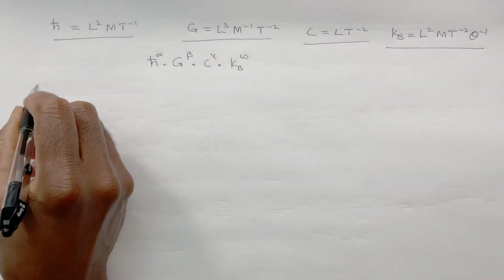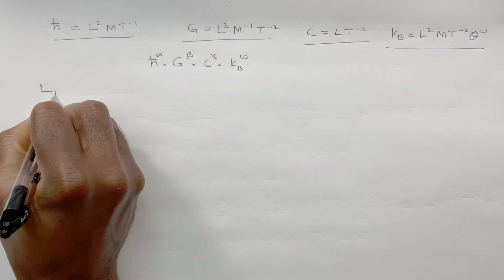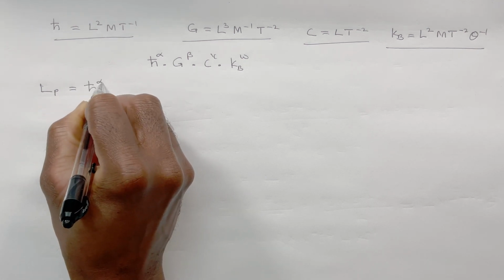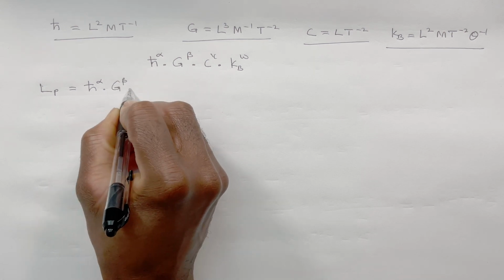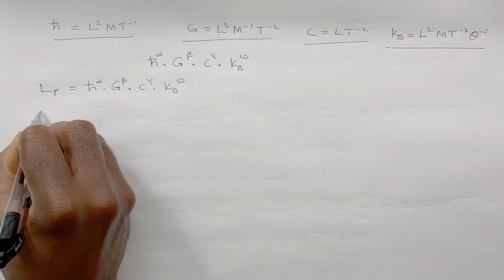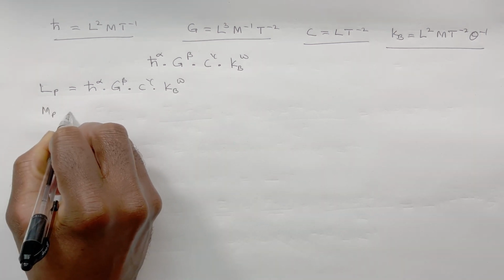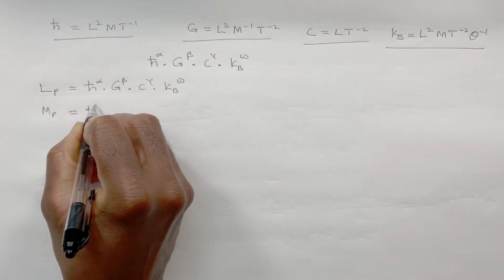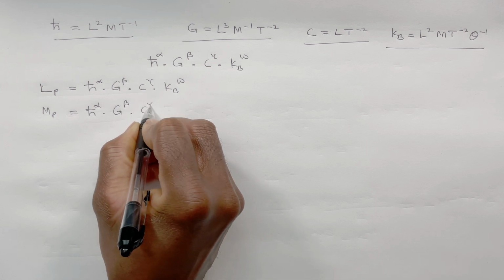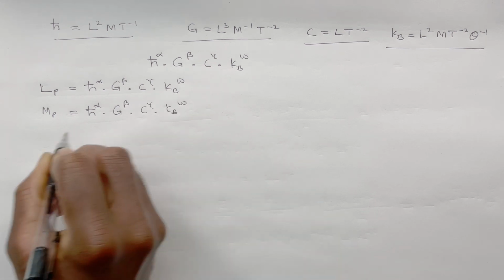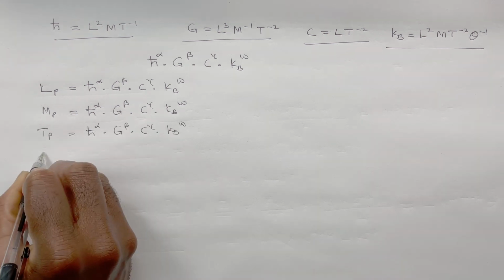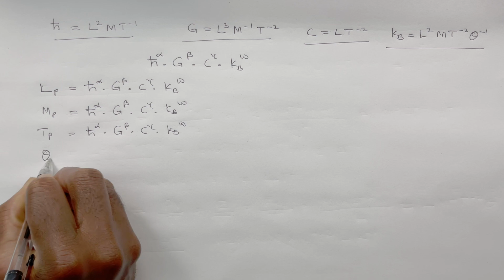If you look at a length, Planck length, we would expect it to be written in terms of H bar alpha times G beta times C gamma times KB omega. Likewise, the Planck mass will be written the same way, H bar alpha times G beta times C gamma times KB omega. We have Planck time as well, H bar alpha. And finally, we have temperature, Planck temperature.